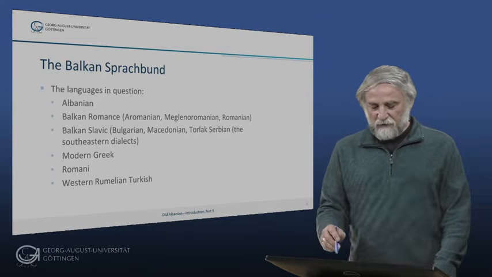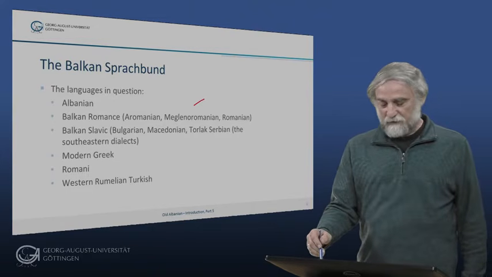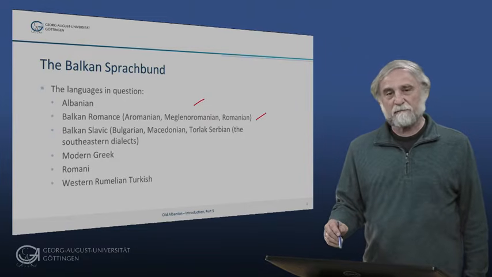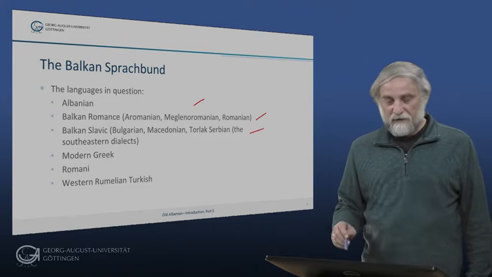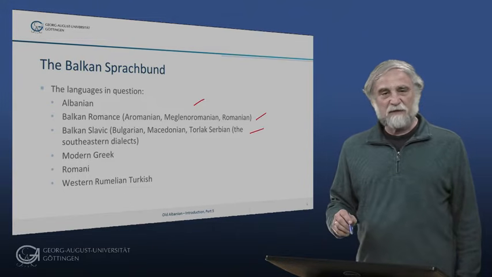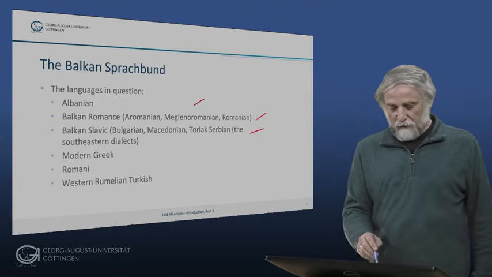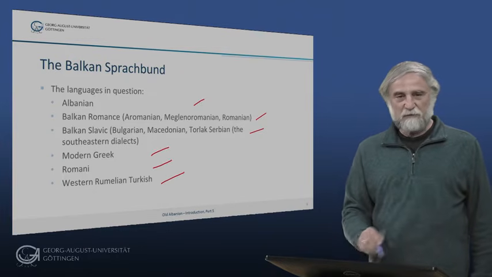The languages in question are Albanian, also Balkan Romance, which takes in Aromanian, Megleno-Romanian, and Romanian itself. Balkan Slavic, which takes in Bulgarian, Macedonian, and the Torlak dialects of Serbian in the southeastern part of the Serbian-speaking region. Also Modern Greek, Romani, and Western Rumelian Turkish.